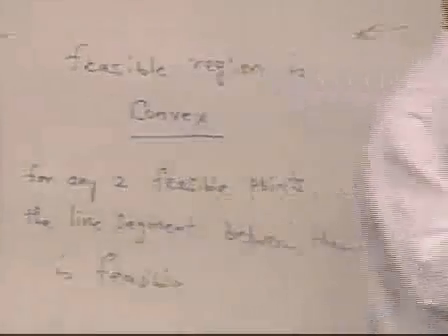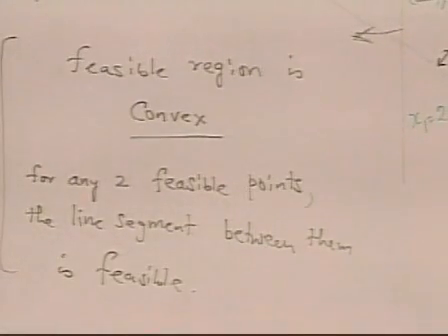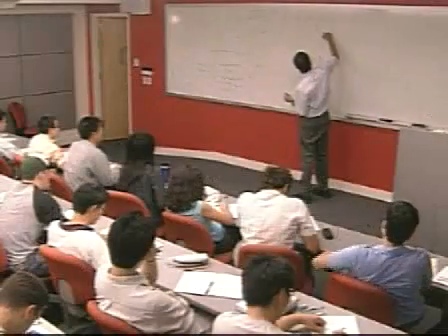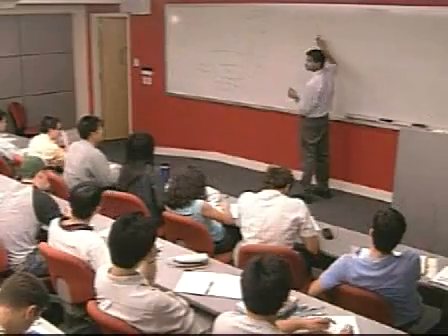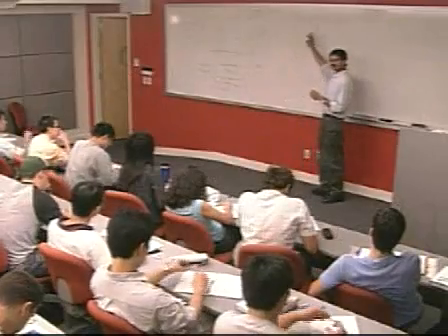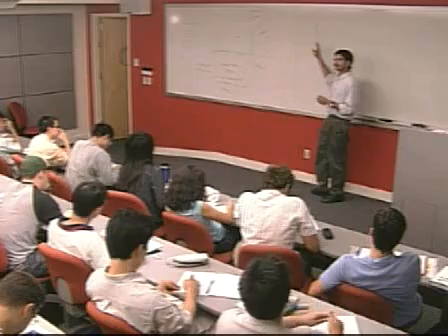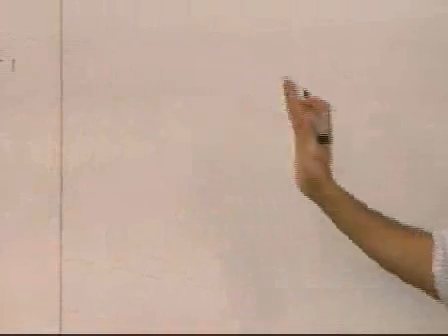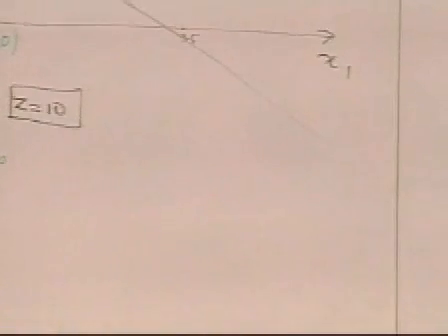So you take any 2 points in your feasible region and you join them by a line. The line segment lies within your feasible set. Okay. So here, for instance, if I take this and look at the line joining them, that line leaves the feasible set. Okay. Such a region can never arise as a feasible region of a linear programming problem. We'll see why a little bit later. But geometrically, this should be clear to you.